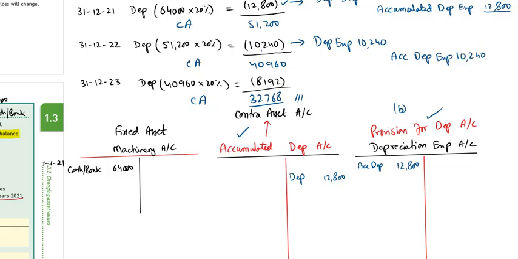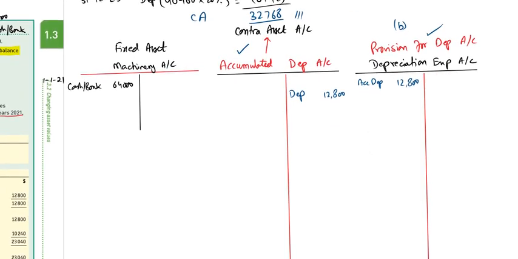So again, we will record this. Remember one thing, the accumulated depreciation is a contra asset account, so we will never close it, because the carry down of one year will be the brought down of the next year. But the depreciation expense account we have to close yearly.